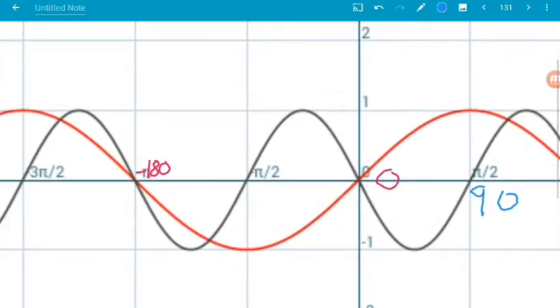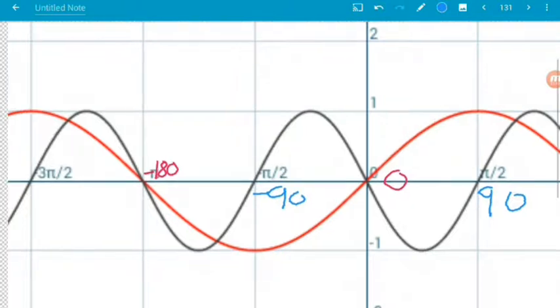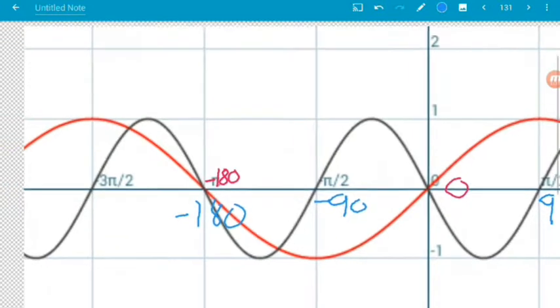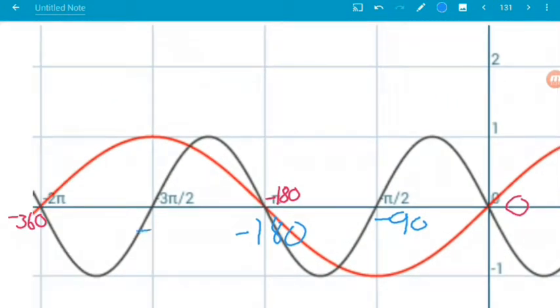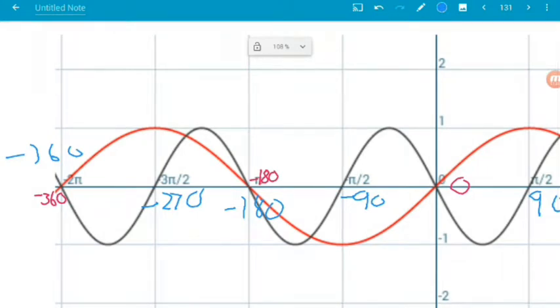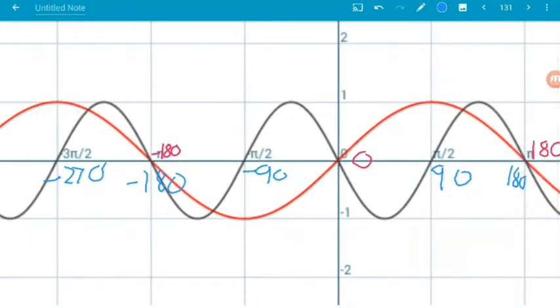If we go back over here, we've got minus 90, and minus 180, then minus 270, and then minus 360. So we've got exactly the same x-intercepts as sine of 2x. But where we would have had maximums, we've now got minimums. Where we would have had minimums, we've now got maximums.